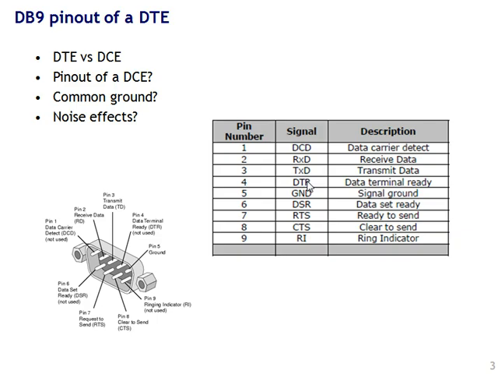Typical values range from 0 to 10 volts, not just for the hardware handshaking, but also for the data. So when you want to convert from a microcontroller to something like 0 to 10 volts, you need a DC to DC converter. Typically these things are put into chips, mixed signal semiconductors. For example, Maxim sells a chip called the Maxim 233, and the Max 233 contains a charge pump which will do DC to DC conversion for you so that you can go from 0 to 5 volts to 0 to 10 volts.